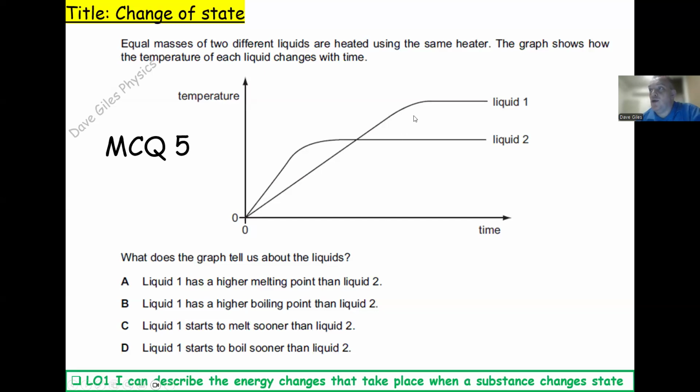That isn't true because it looks like liquid 1 starts to boil later. C, liquid 1 starts to melt sooner than liquid 2. Also not true. B, liquid 1 has a higher boiling point than liquid 2. We can see that here. It is much higher. So the answer is B.